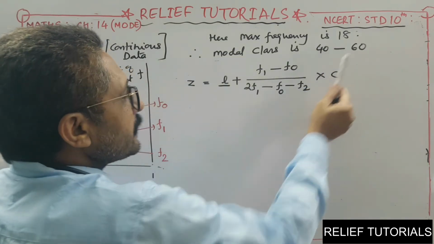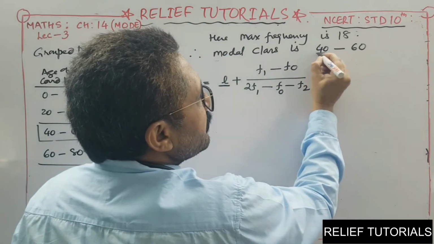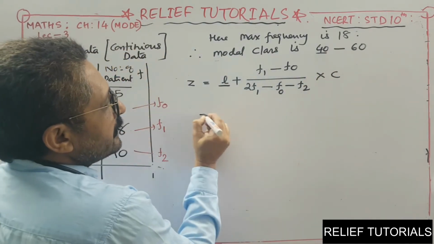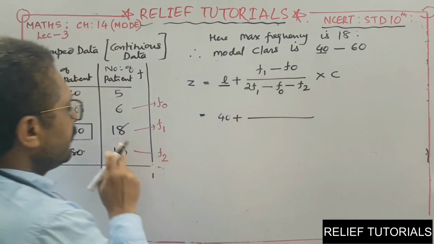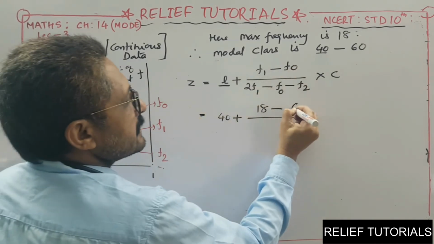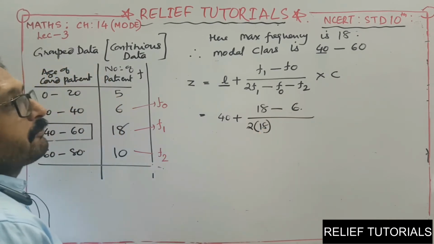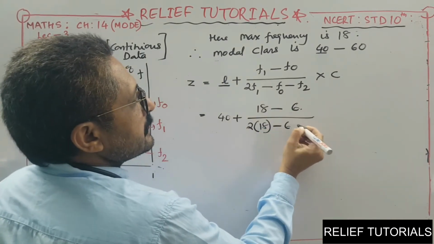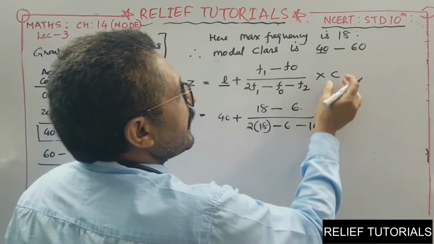The model class is 40 to 60 and it is continuous, so the lower boundary point is 40. So L is 40, plus F1, which is 18, minus F0, which is 6, divided by 2 into 18, minus 6, minus F2, which is 10, into the class length.